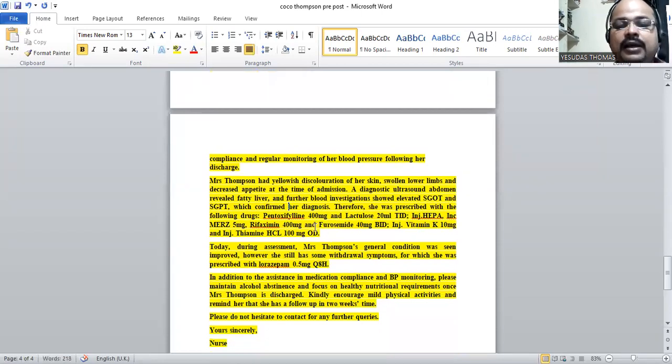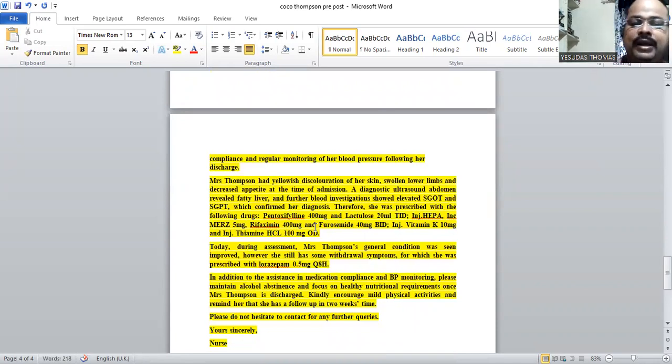First we have 2 drugs thrice a day. Next, we have 3 drugs twice a day. Another 2 drugs once a day. So it is ordered as per the frequency, not as per the seriousness of these drugs.